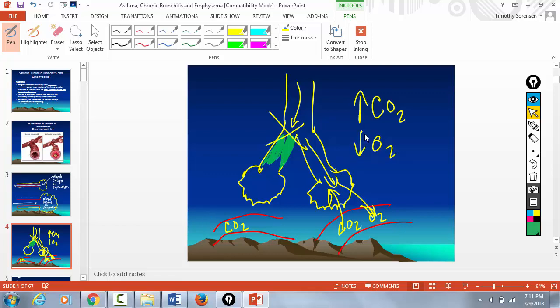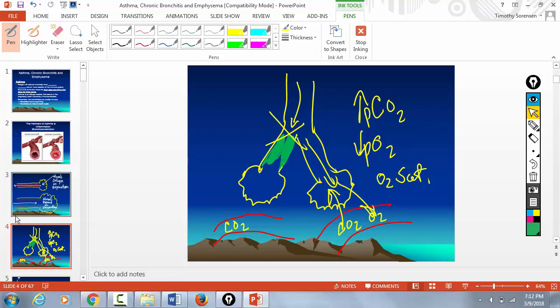They're going to drop. And if your PO2 drops and your PCO2 goes up, what's going to happen to O2 saturation? It's going to go down. O2 sat drops, right? Because O2 sat is dependent on PO2. If PO2 drops, O2 sat's going to drop, right?